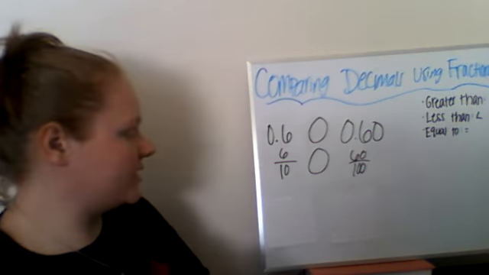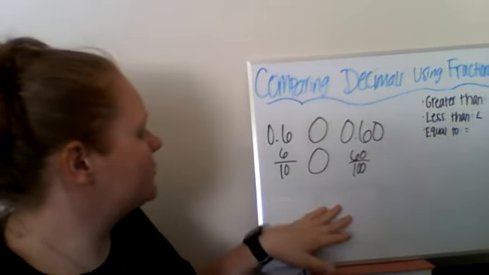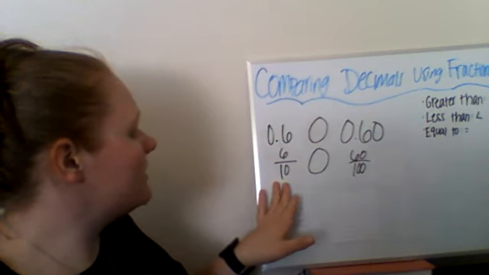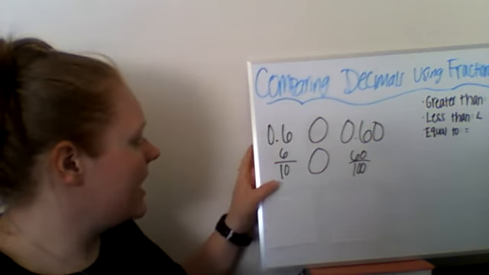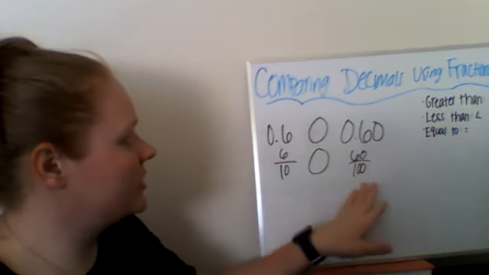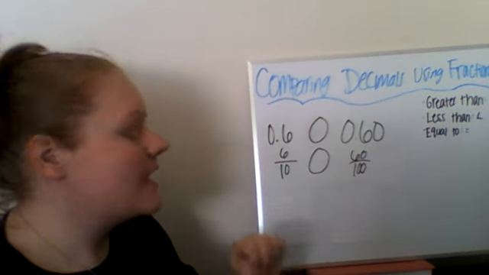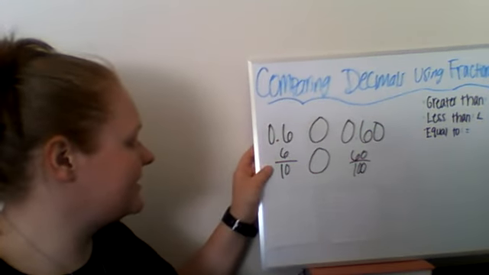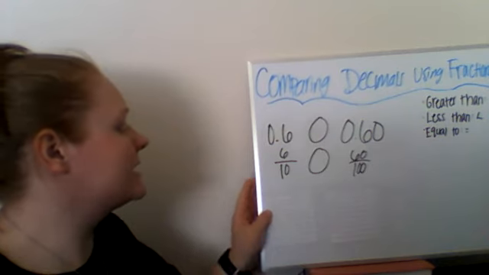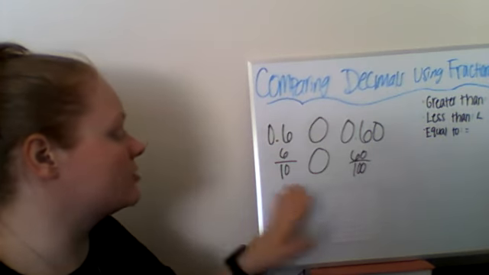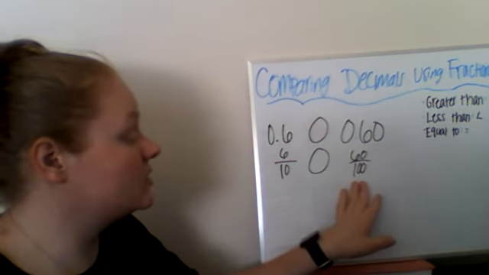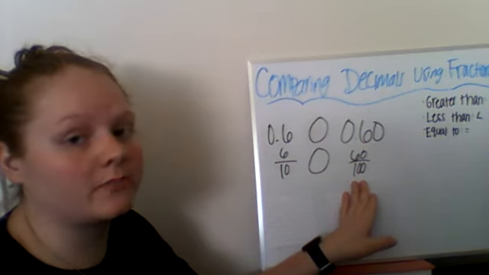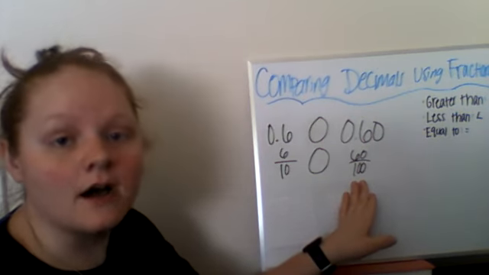If you notice though, before we move into our hundredths block, our denominators are different. I have tenths over here and hundredths over here. I'm not going to be able to use 6/10 in a hundredths block because I need to have a denominator of 100. This 60 hundredths is easy to put in a hundredths block because it has a denominator of 100.